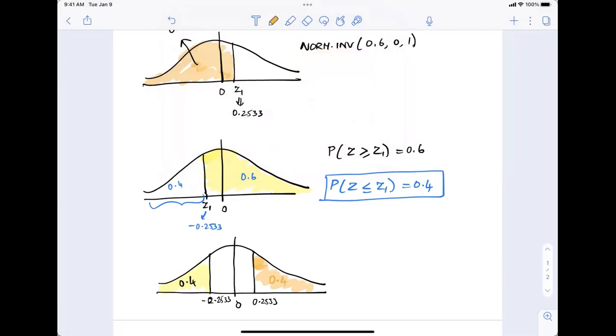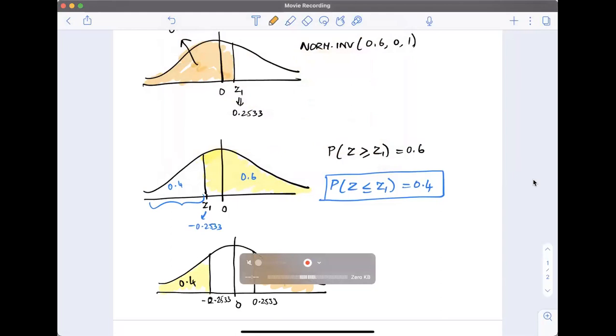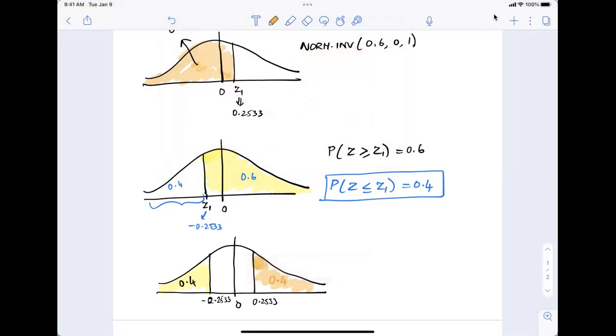Now I'll let you spend some time with this chart and visualize and understand this symmetry even better.